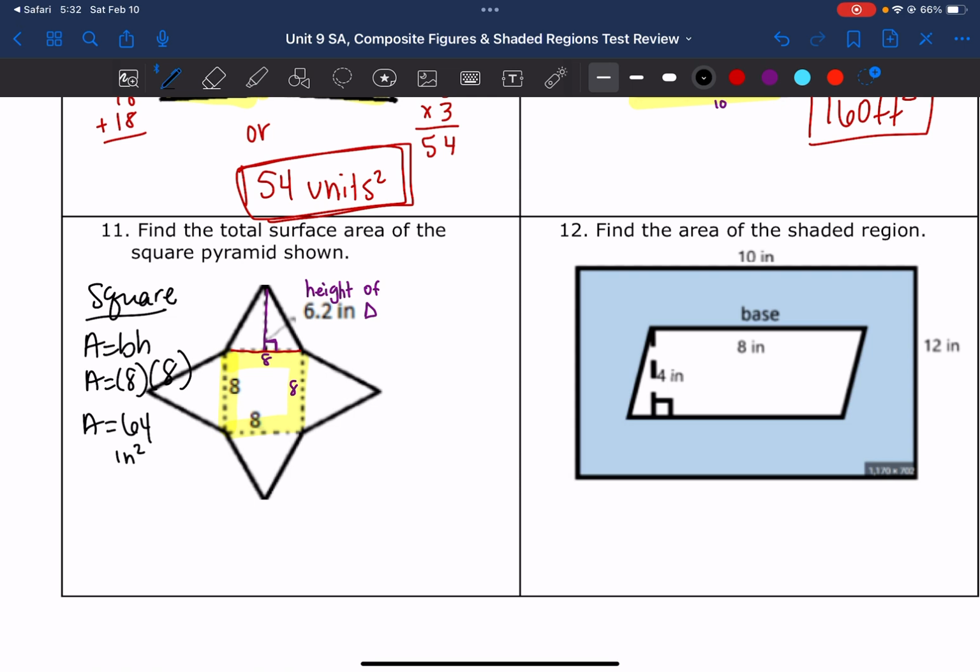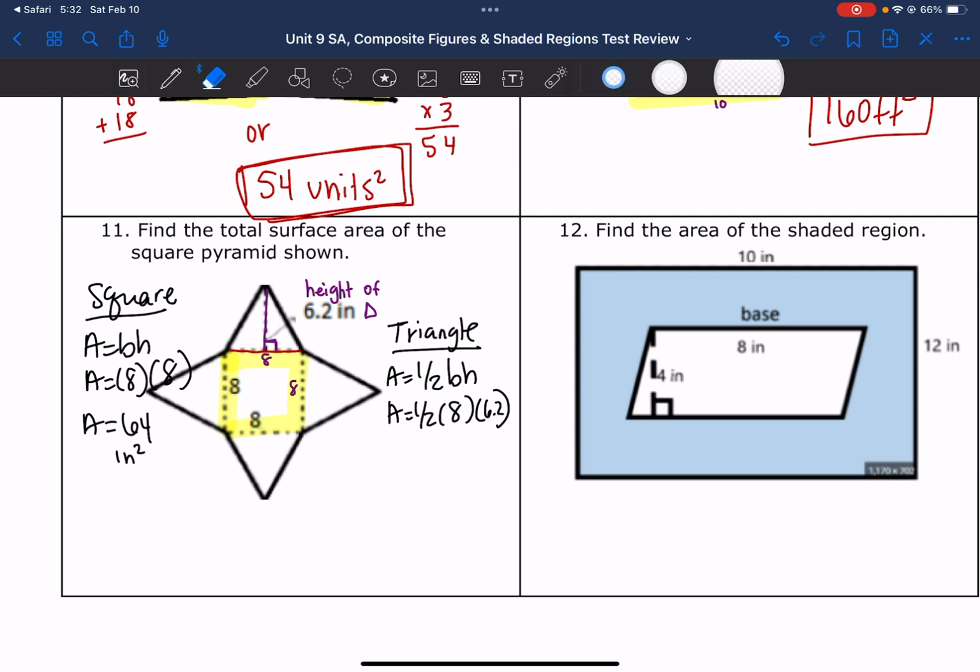All right. Now, let's find the area of a triangle. Here, that is going to be 1/2 base times height. Okay, now the base is 8 and the height is 6.2.